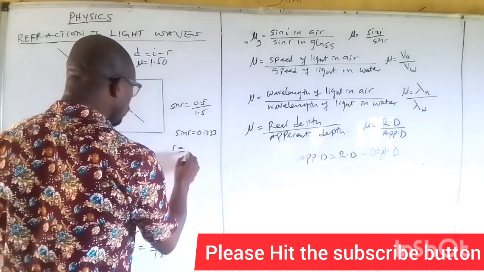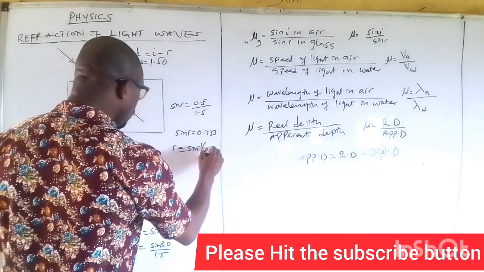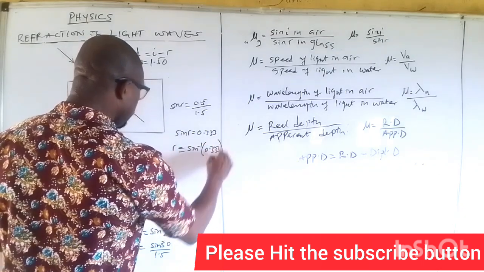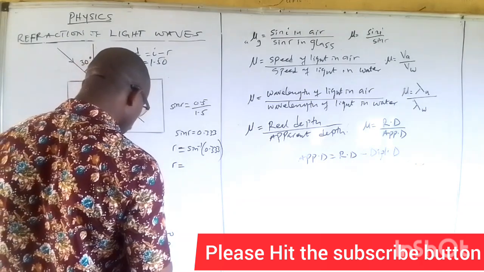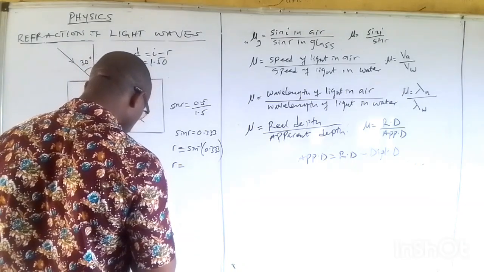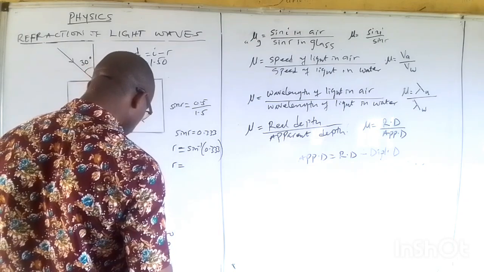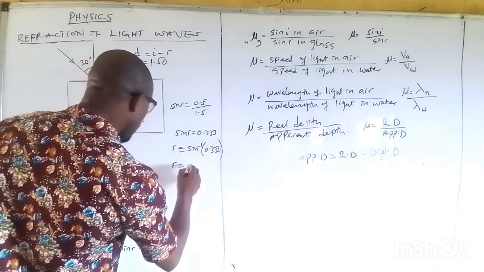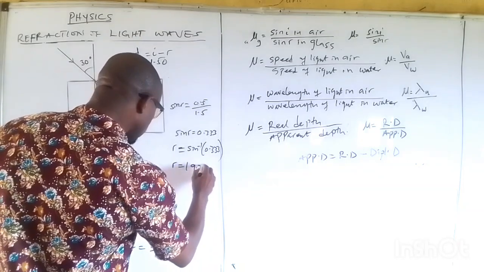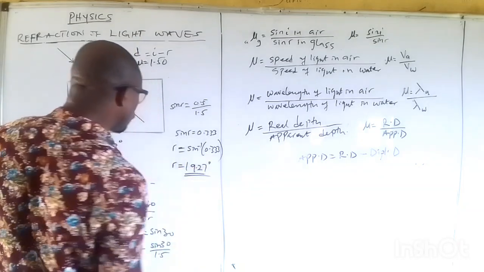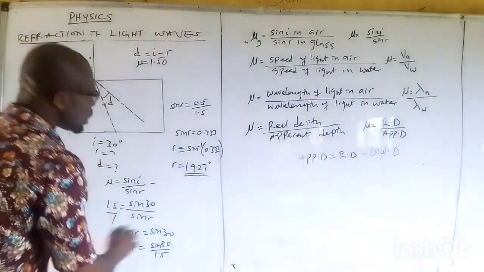Now we're looking for r. R is equal to sine inverse of 0.33, which will give us that r is equal to 19.27 degrees. Therefore, we can now come back here.